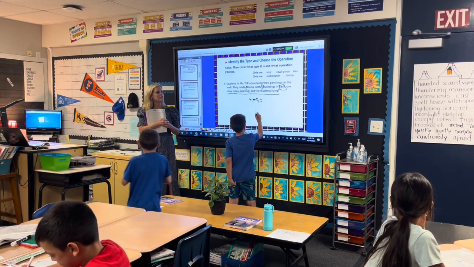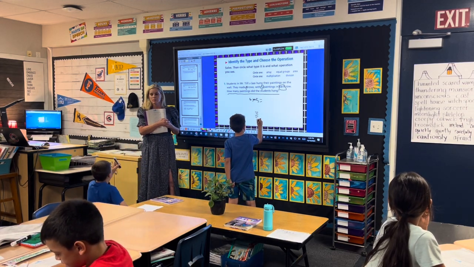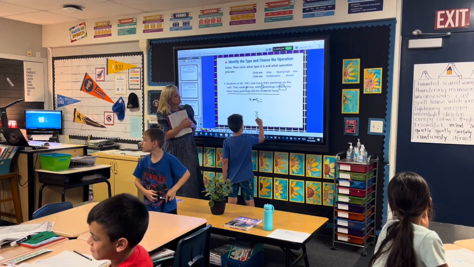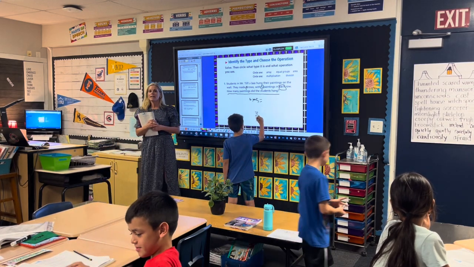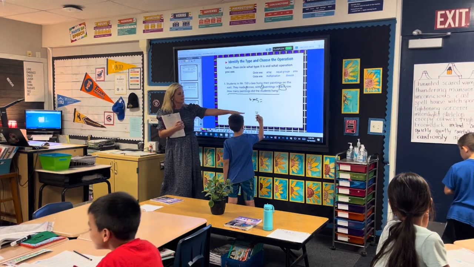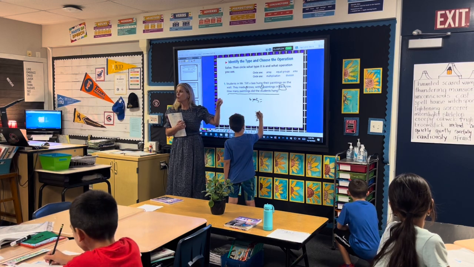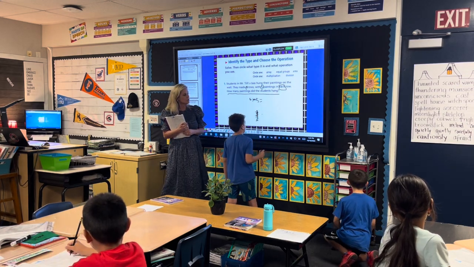6 times 5 equals 30. Okay, look, Jude is writing. He is writing his work. He's showing his work, how he's getting the answer.